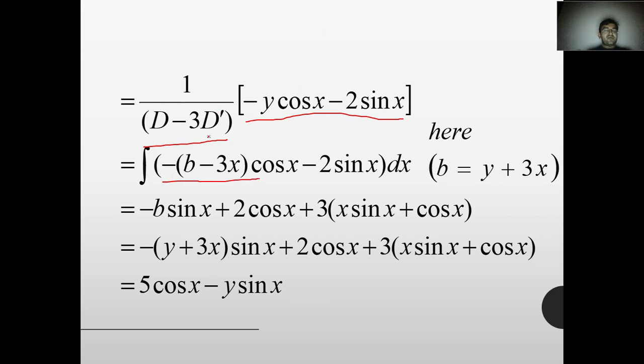So here b is the constant, so minus, b minus 3x cos x minus 2 sin x dx. This is the value where y is equal to b minus 3x.